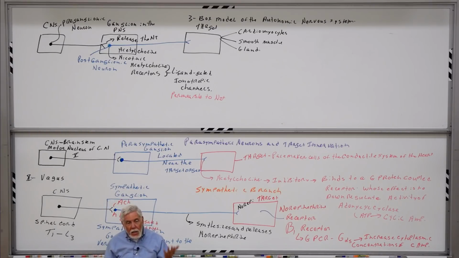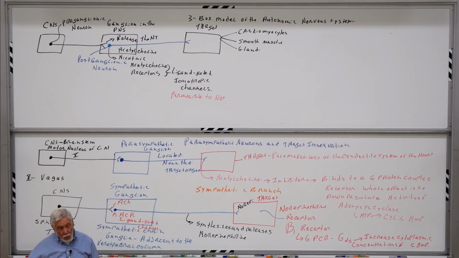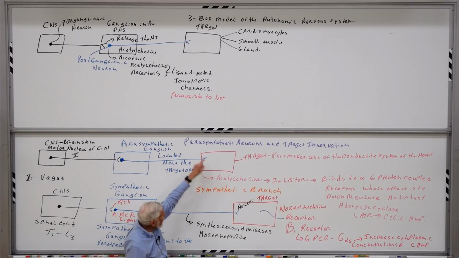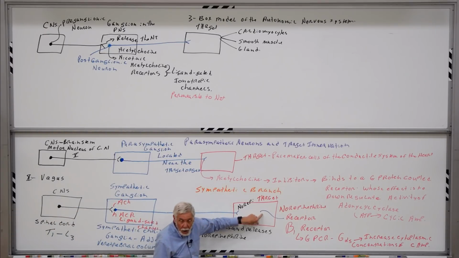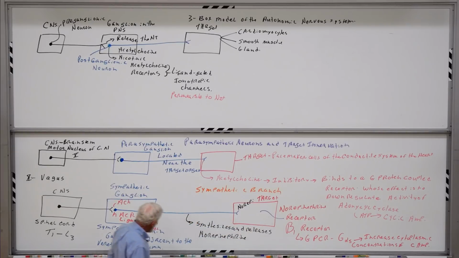There's always this yin and yang, this balance. Whether you're more biased toward the parasympathetic branch and therefore in rest and digest mode, or whether you're more in fight or flight mode and more in the thrall of the release of norepinephrine onto the targets. So that's the overall three-box model.